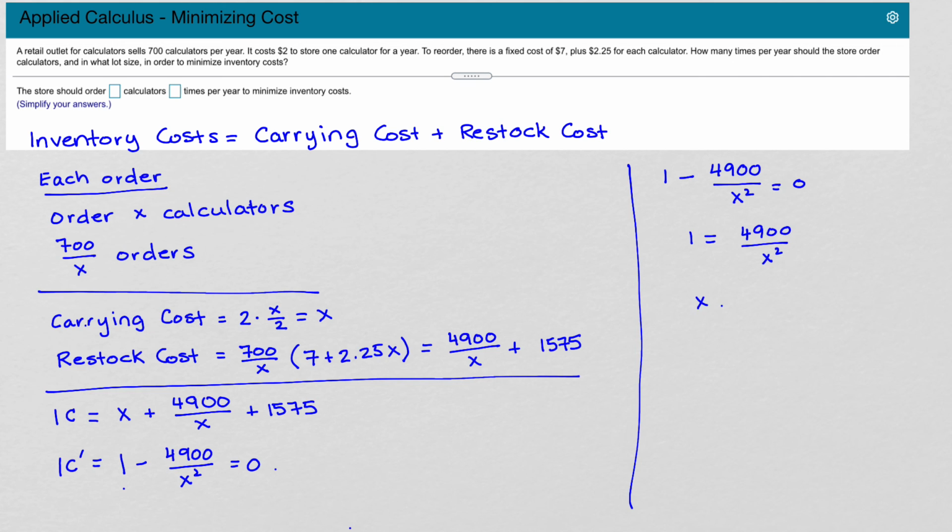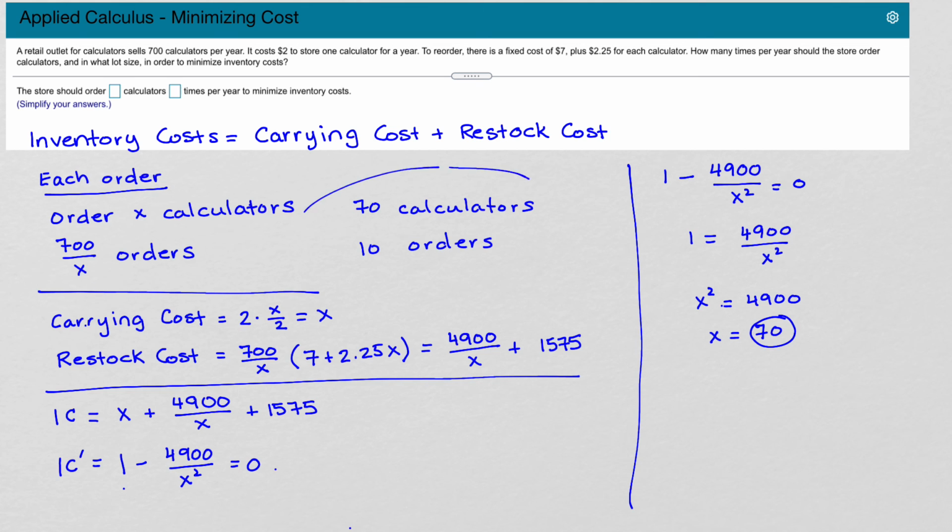Multiply both sides by X squared, and X is equal to plus or minus 70, but obviously we're not ordering negative 70 calculators each time, so it's got to be 70. If we're ordering 70 calculators, that means there must be 10 orders per year. And that will minimize our inventory cost. And that's how you do that problem.